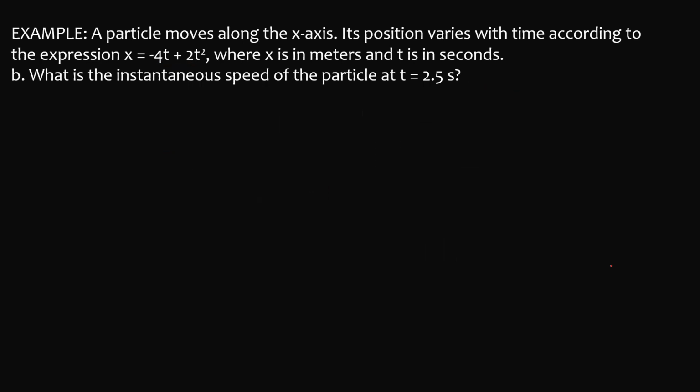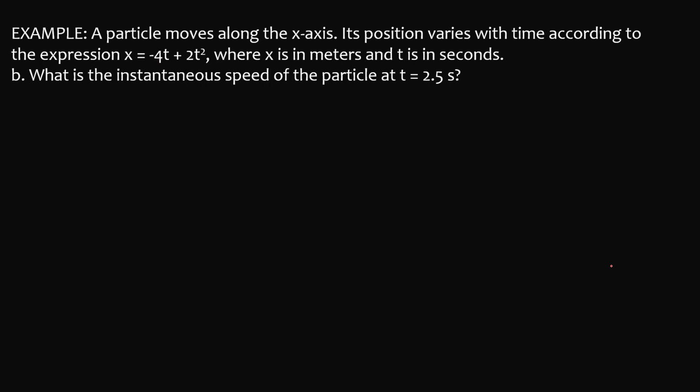So for letter B, what is the instantaneous speed of the particle at t equals 2.5 seconds? What is the exact instantaneous velocity of the particle if we look at the speedometer at exactly 2.5 seconds?